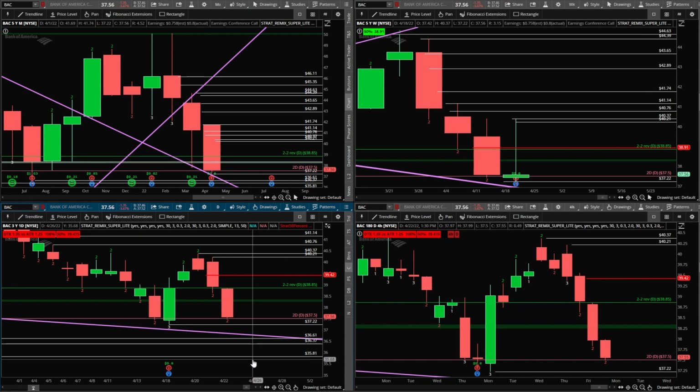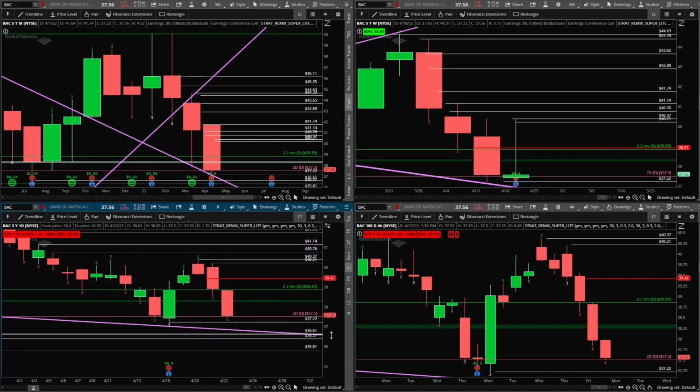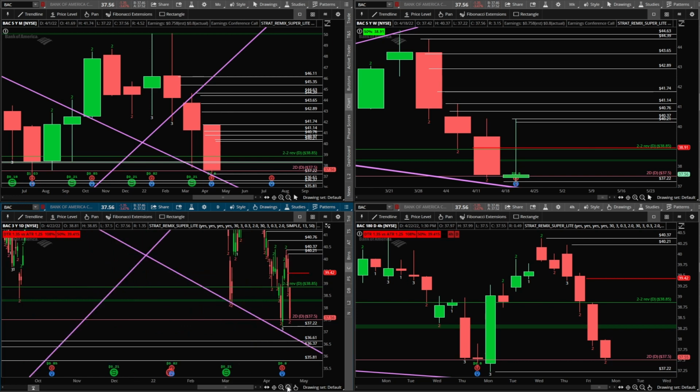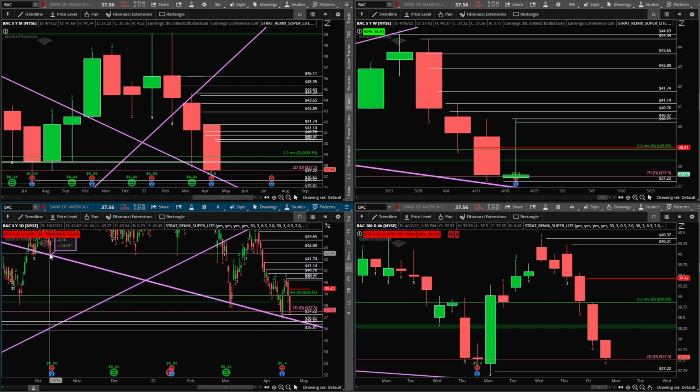Otherwise, more downhill slide, 36, 37, 35.81. I think that's really all I've drawn for now, just on Bank of America here. And again, that broadening formation is just going to be connecting the August of 2021 to the beginning of March.